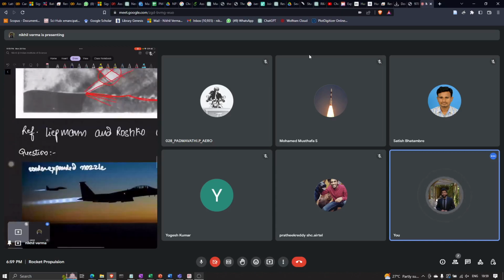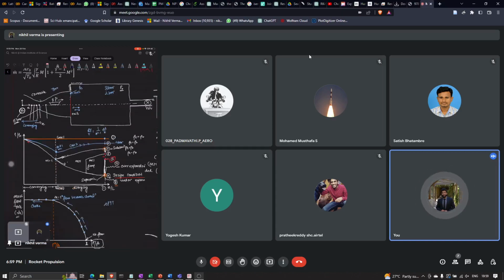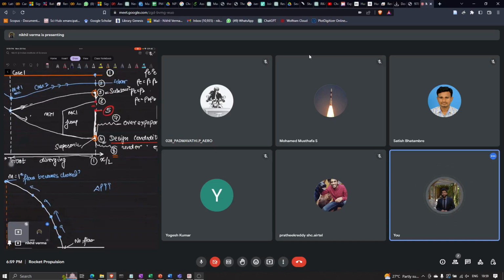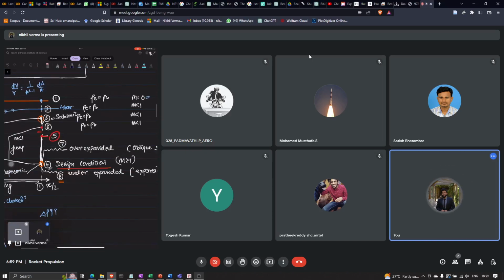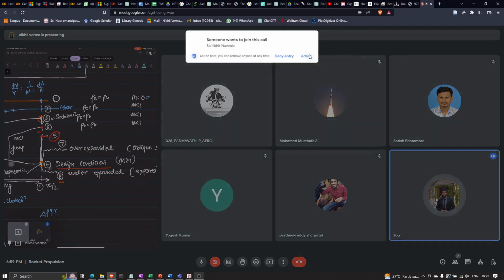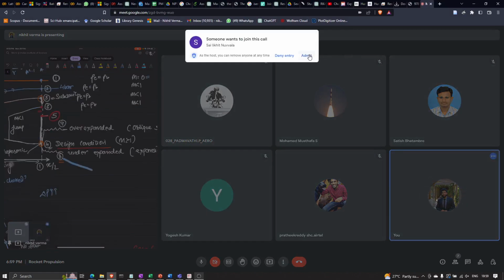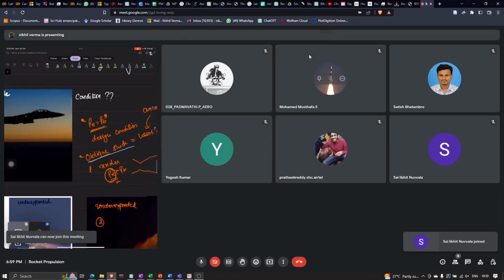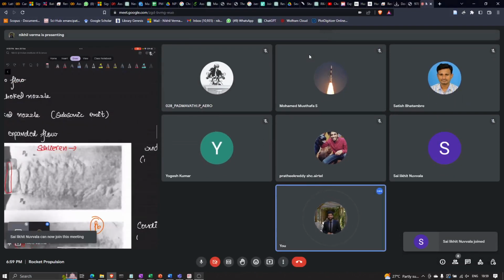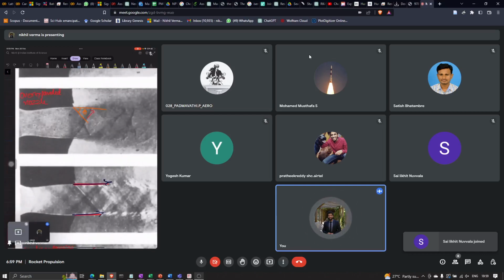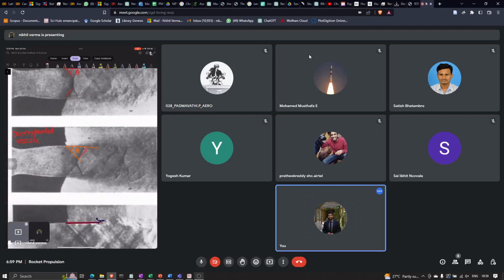As you can see in this plot, in this condition, the P_exit is less than P_back.